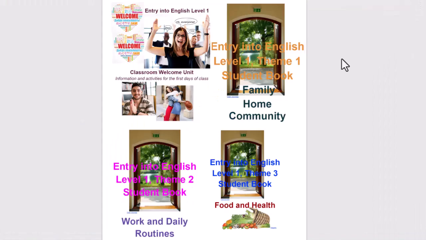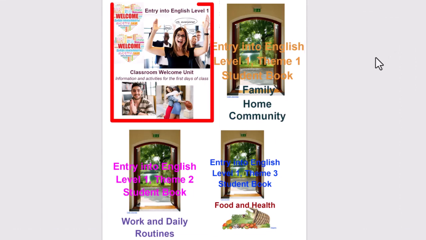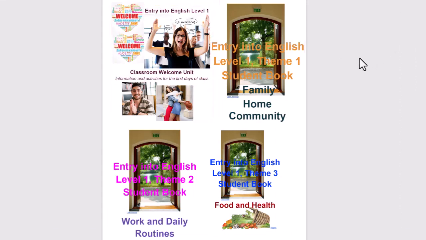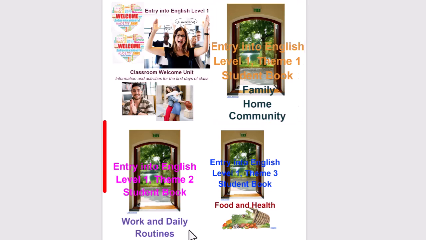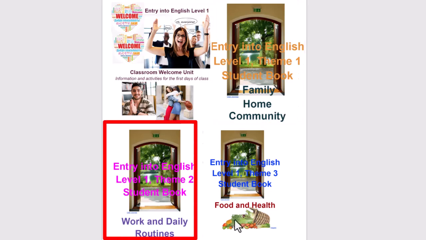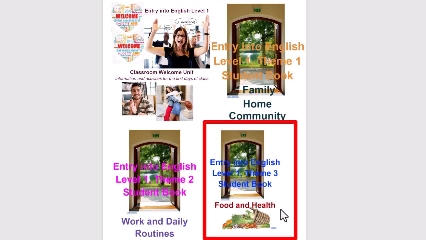The first option is to choose the Classroom Welcome unit, which covers many areas of basic skill development like alphabet, numbers, and telling time, and combine this with the theme book of your choice each term: family, home, and community, work and daily routines, or food and health.